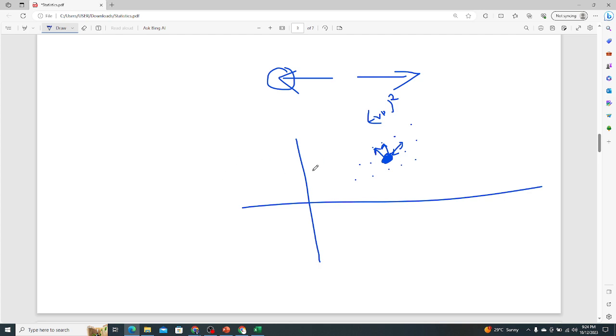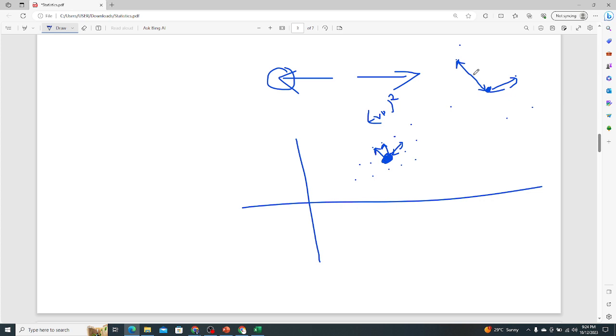And remember, let me take another scenario. Let's assume our values are far away from the mean. So definitely the sum of the distances between each data point and the mean will be high, in comparison to this second illustration.